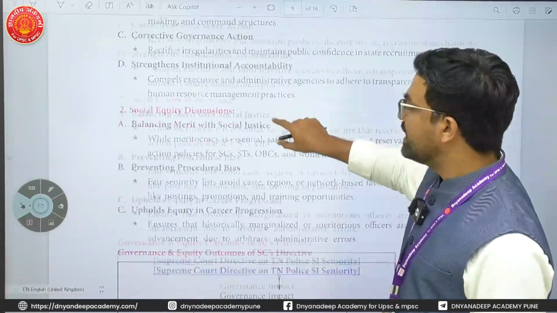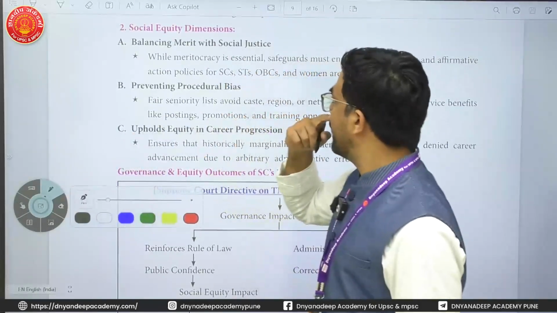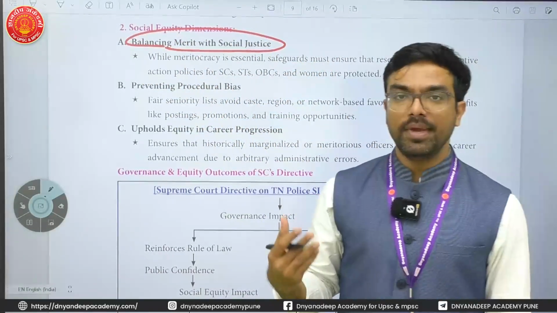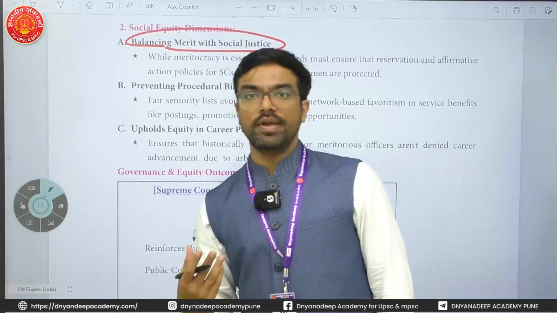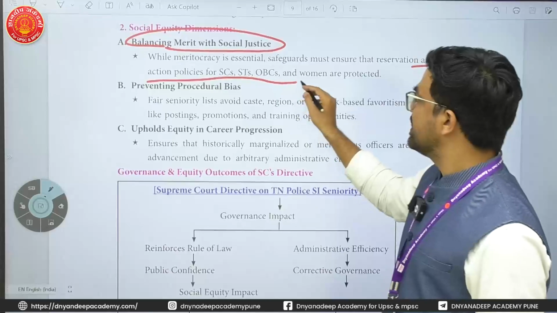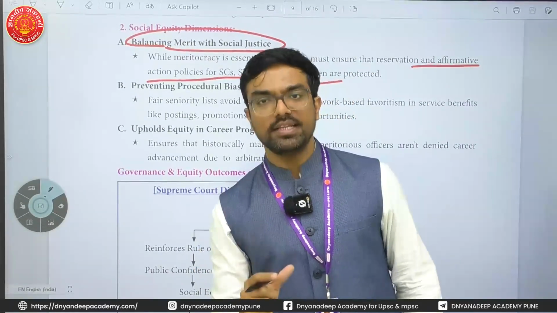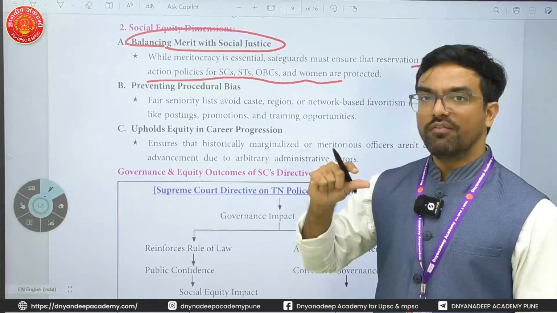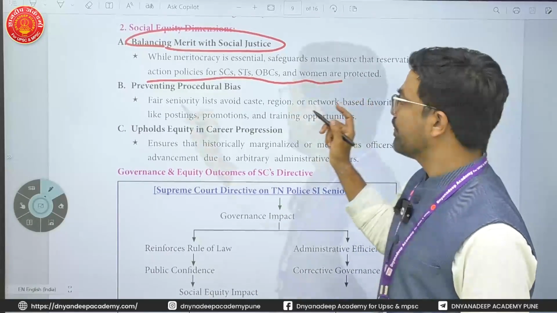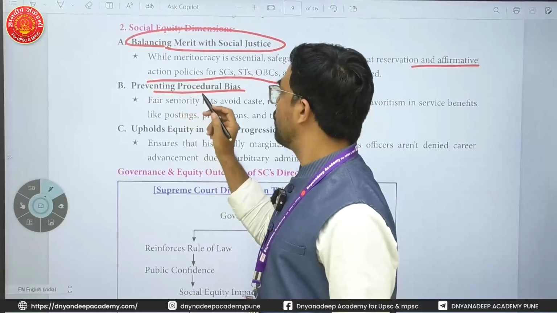But what is its role in the social equity dimensions? It helps in balancing merit and social justice, right? Yes, merit is important, but it should not affect the affirmative action policies for SC, ST, OBC and women. So it ensures that merit is respected, but at the same time affirmative actions which are supported by the Indian Constitution are not affected. Preventing procedural bias, right?